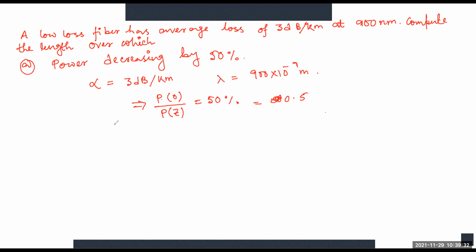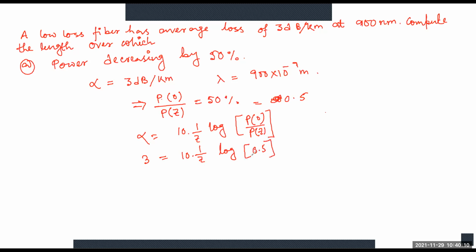So alpha is already given. Alpha equals 10 into 1 by z log P0 by Pz. So 3 equals 10 into 1 by z log 0.5.